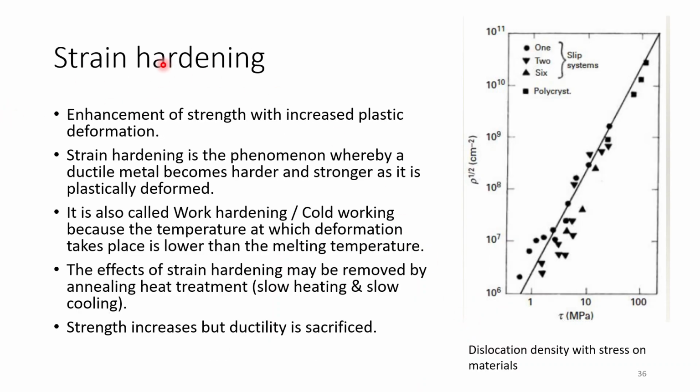Next is strain hardening. In this case, you have enhancement of strength with increased plastic deformation. If you are plastically deforming your material, you will have a large number of dislocations which will interact with each other.